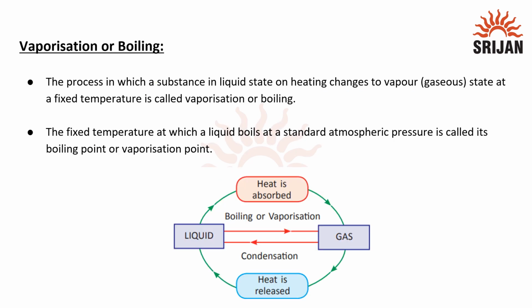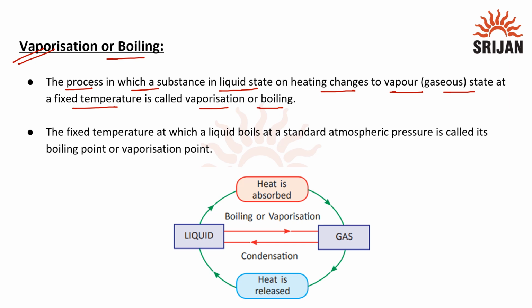Moving ahead, let's understand about vaporization or boiling, the process in which a substance in liquid state on heating changes to vapor, that is gaseous state, at a fixed temperature is called vaporization or boiling.